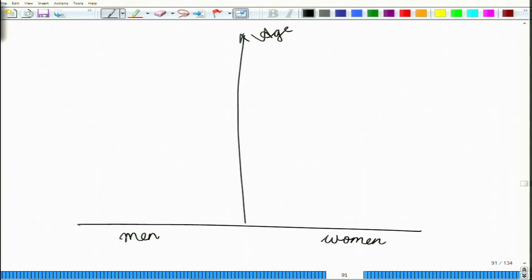So, let us say that in the case of an age group between 0 to 5 years, you have a number of babies, some of which are male babies, some of which are female babies.